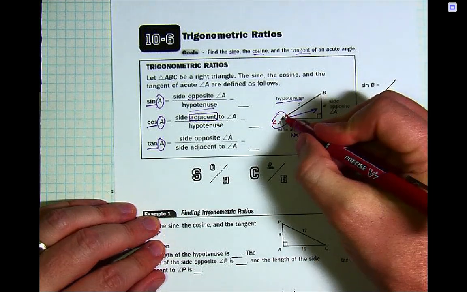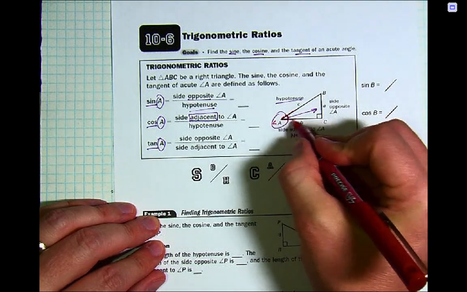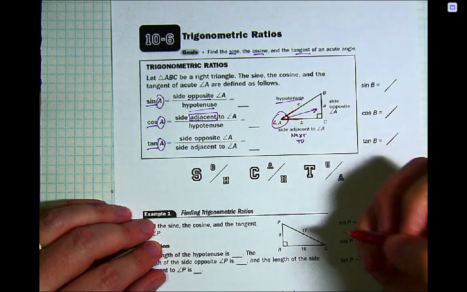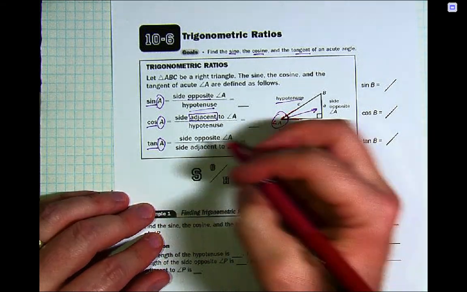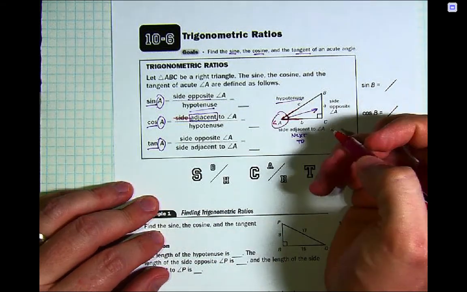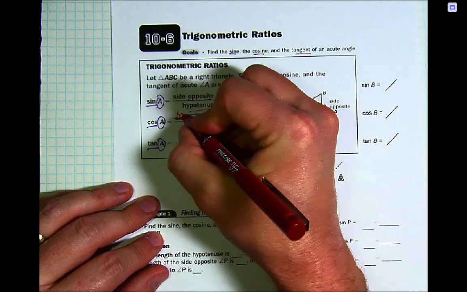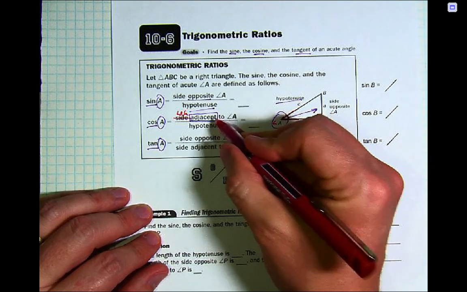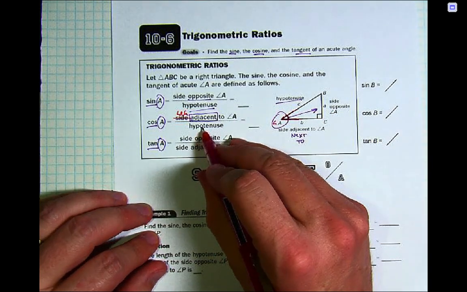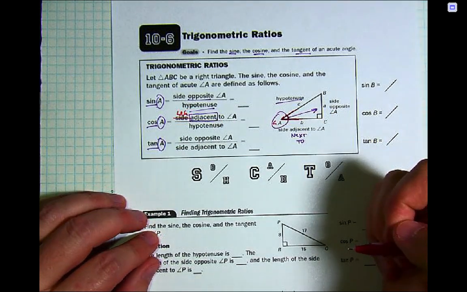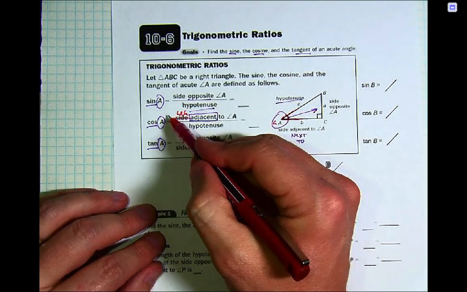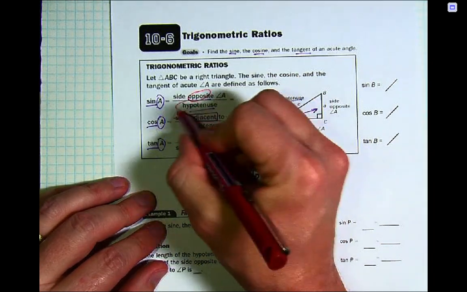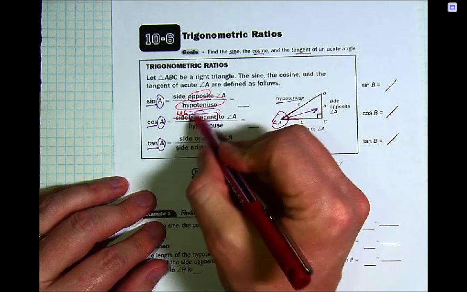Well, the hypotenuse is adjacent to it, and leg B is adjacent to it. So when I say side adjacent to angle A, I really mean the leg that's adjacent to angle A, because technically the hypotenuse is also adjacent, but the hypotenuse counts as the hypotenuse, not as the adjacent side. Okay, that's cosine. Sine is opposite over hypotenuse. Cosine is adjacent over hypotenuse.